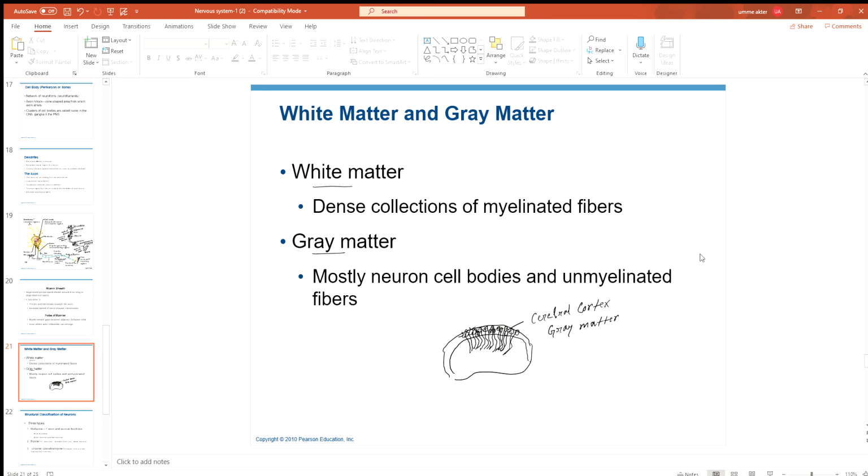So when you see this area, it looks gray. Now let's see this area. All these axons are covered by white myelin sheath insulation, right? So since this area is all white covering of the axons, this area looks white.